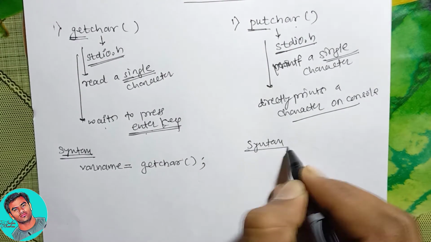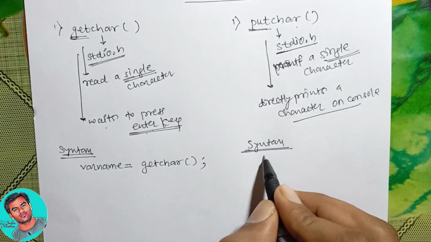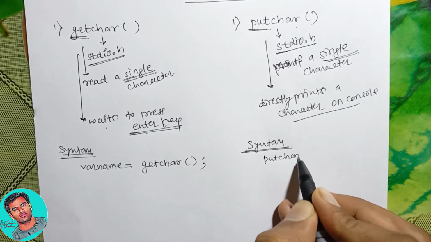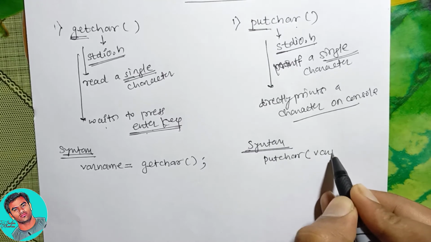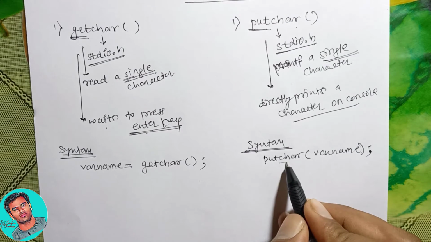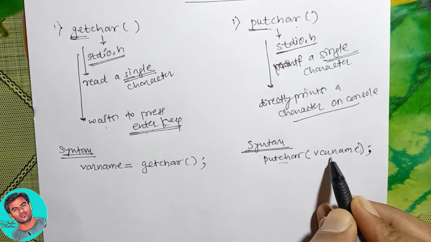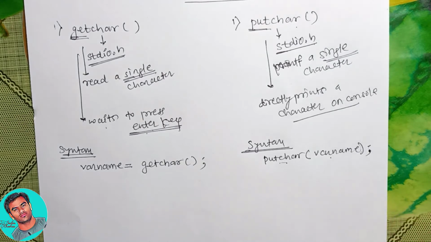And the syntax for putchar is putchar and a variable name. That means putchar prints any character which is stored in the variable.